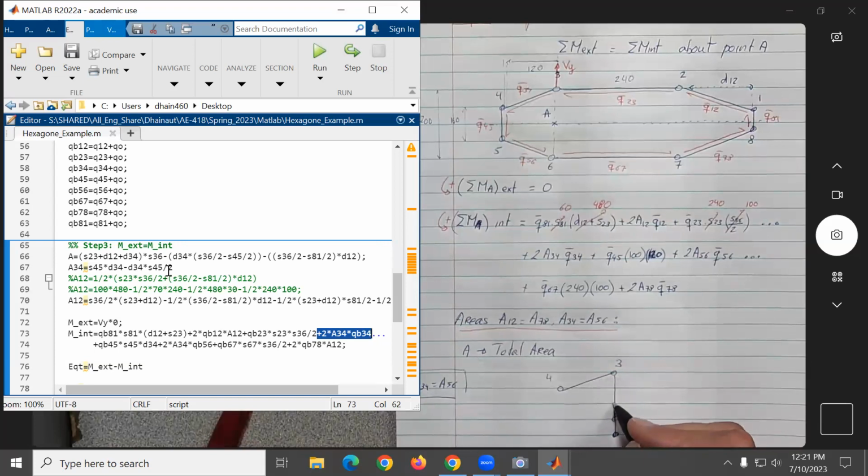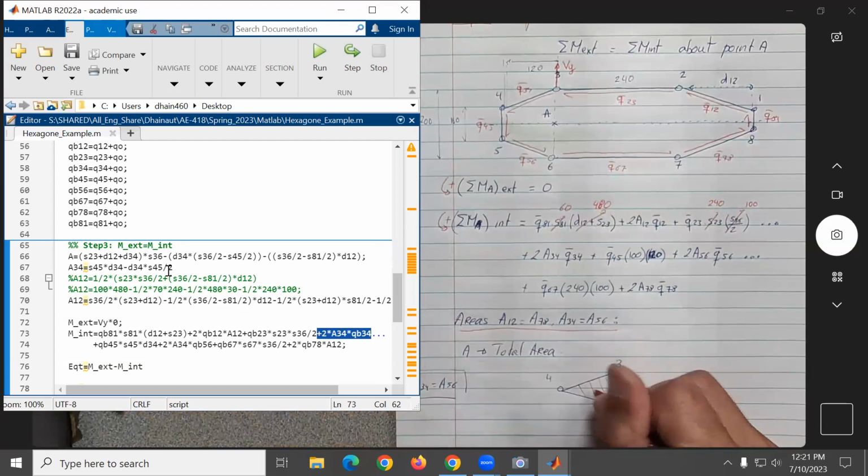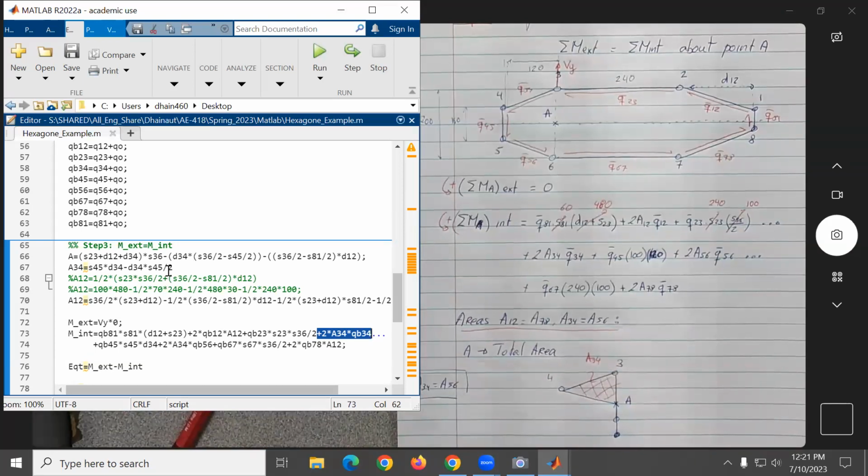And here is 0.8. So that the area they should be A34, no?